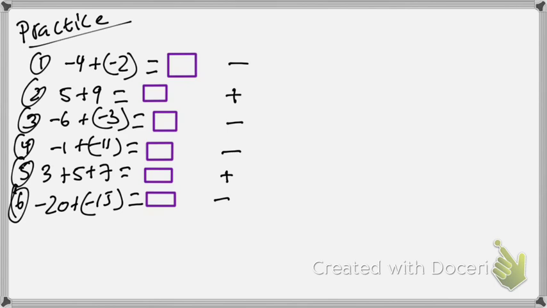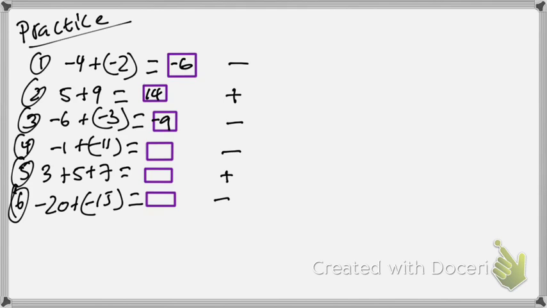Alright, so hopefully you guys all got it. For the first one, well, I think we kind of actually just did this one, but 4 plus 2 is 6, right? But they're both negative, so you know the answer should be -6. Second one, 5 plus 9, 14. Third one, -6 plus -3. Remember, if they're the same sign right here, I could do 6 plus 3 is 9, but they're both negative, so you gotta put that negative.